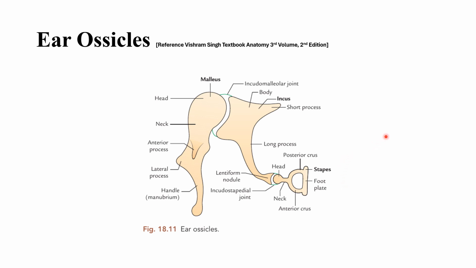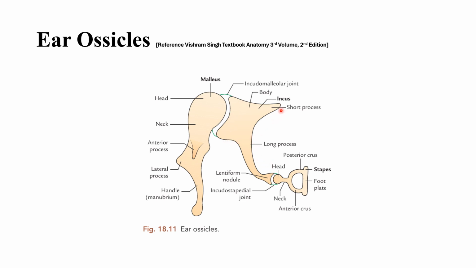Now it also makes a joint with the incus, the incudomalleolar joint, which is a saddle type of synovial joint between the head of the malleus and the body of the incus. Now this incus, if you look at it, looks like a premolar tooth in shape.